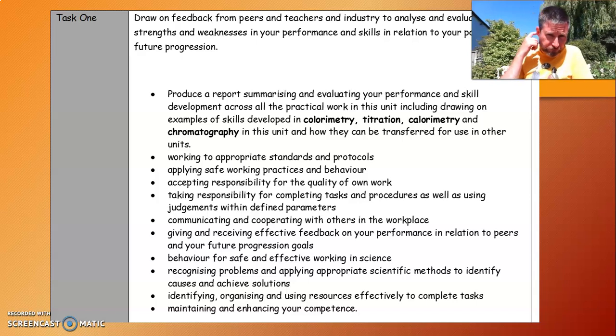Right, I can already feel the tension, because nobody likes to write about themselves, and particularly we don't like to write about our strengths. If I asked you now to write a list of five weaknesses and five strengths, you'd find five weaknesses quite easy, but you'd struggle writing five strengths.